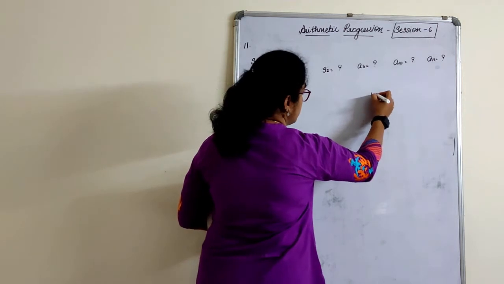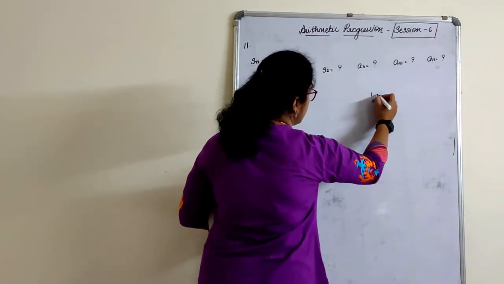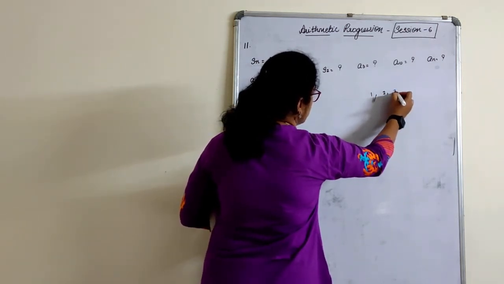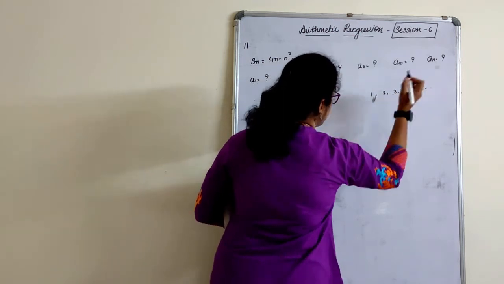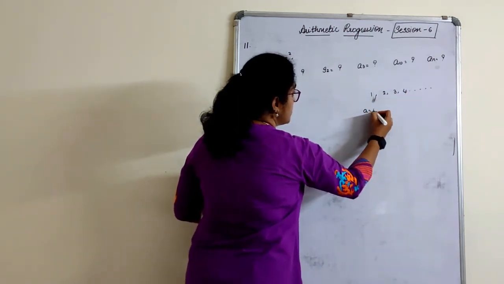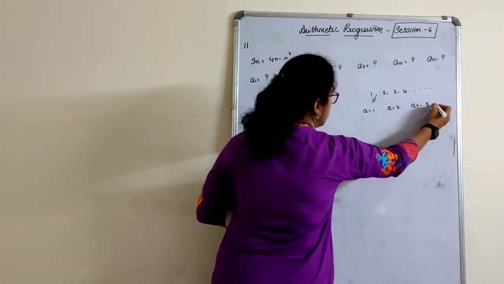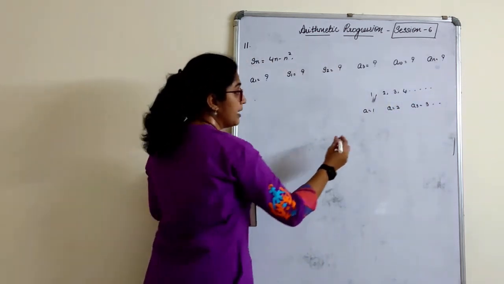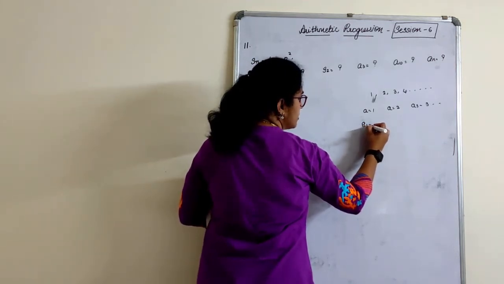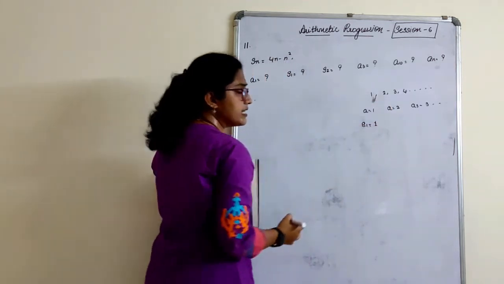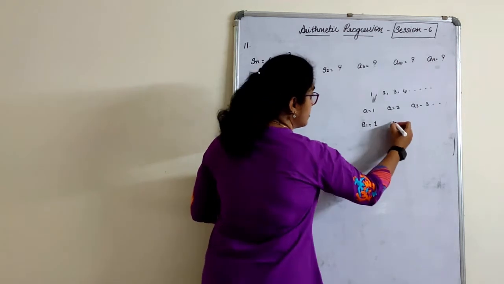Always remember this: if I have a given AP as a1, a2, a3, a4, and so on, your first term is A1, your second term is A2, your third term is A3, and so on, right? What is your S1? Sum to the first term is always S1 only. What is S2, children?